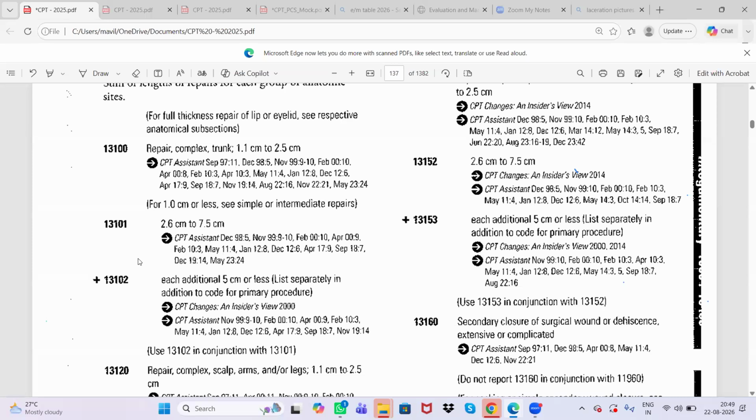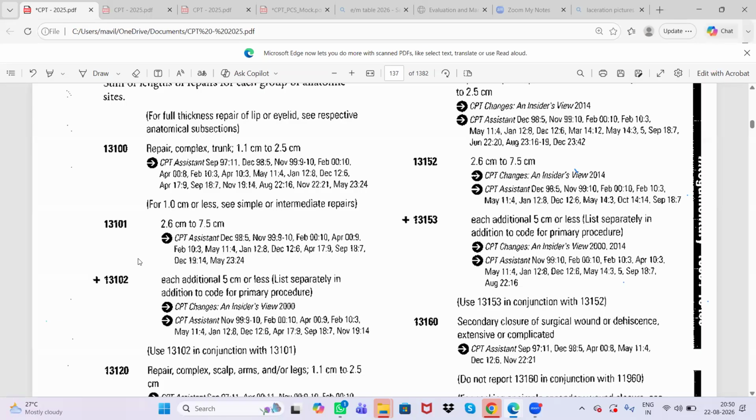Up to 7.5 centimeters, we can code 13101, right? After 7.6 centimeters, we are going to code the add-on code, which is 13102, for each additional 5 centimeters.